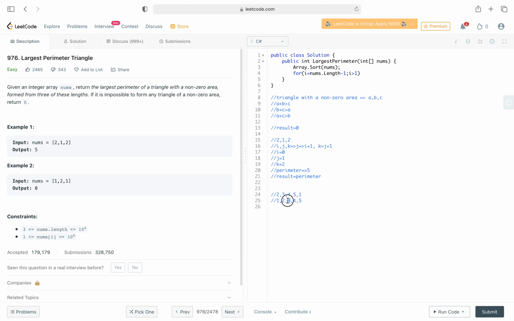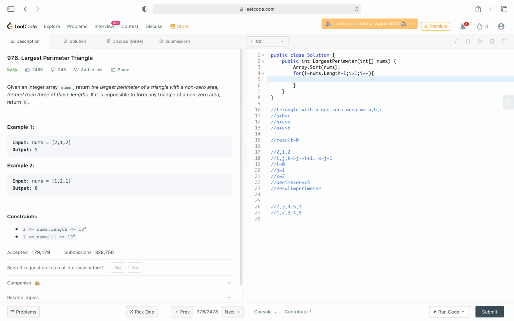So we loop i minus minus, because we start from the rightmost. We consider those 3 elements.